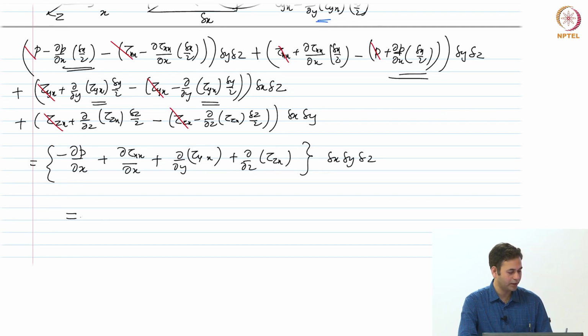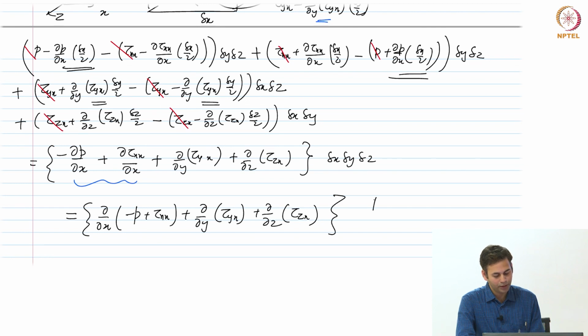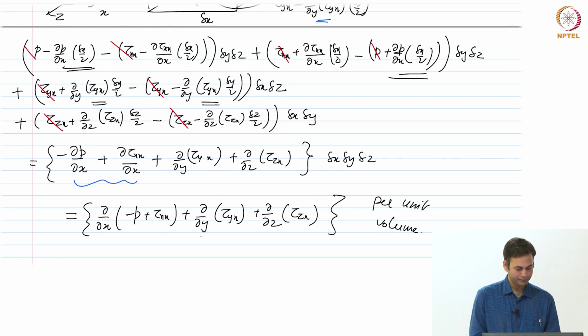So, I can rewrite this as partial x of minus p plus tau xx, plus partial y tau yx plus partial z tau zx. If I write per unit volume, then I do not have to multiply with the volume of the fluid element anymore. So, this is the force acting on the fluid element per unit volume in the x direction.